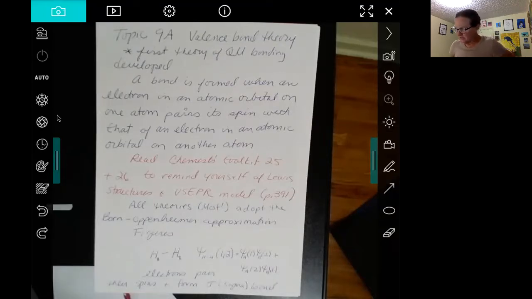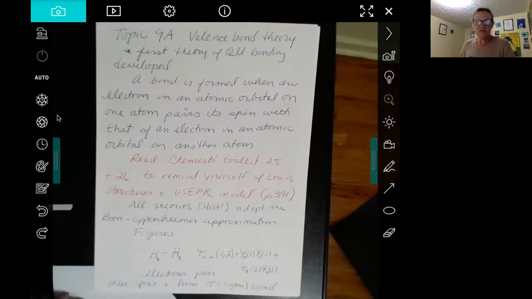So you want to read the chemist's toolkit, it's on the very first page. So the chemist's toolkit, both 25 and 26.